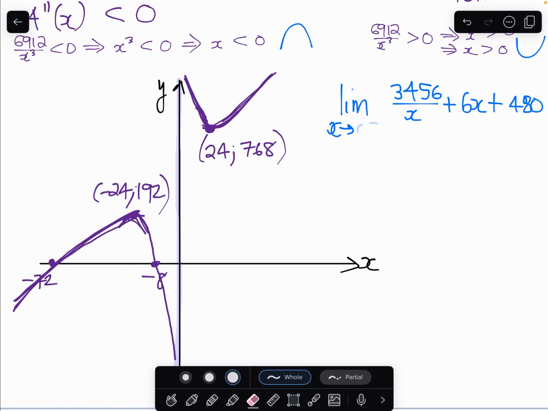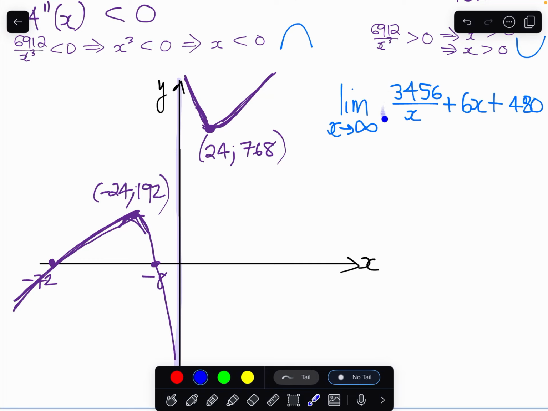Right, let's confirm our limit when x is approaching infinity. So what's happening the bigger I make x? If I make x a very, very big positive number, 1 million, billion, quadrillion, I don't even know if that's a real number, I'm dividing this number by that very big number.